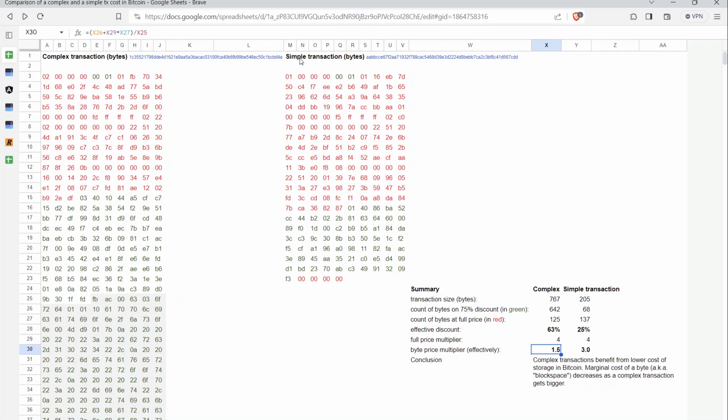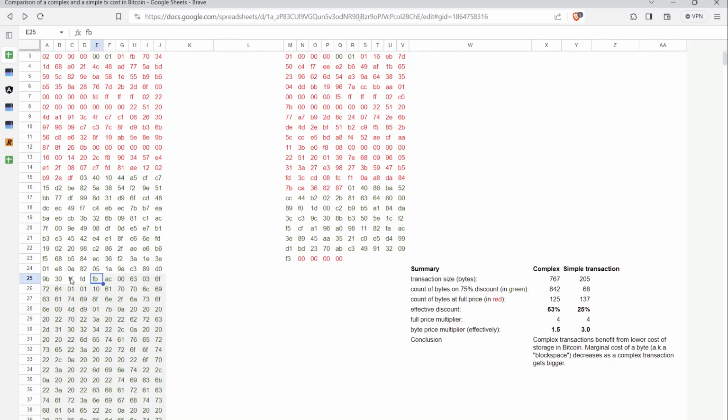This simple transaction is just a regular transaction where someone just paid another person and saved the change for themselves, and therefore there were two outputs, as we call it in Bitcoin. While that complex transaction type is very popular right now in Bitcoin.